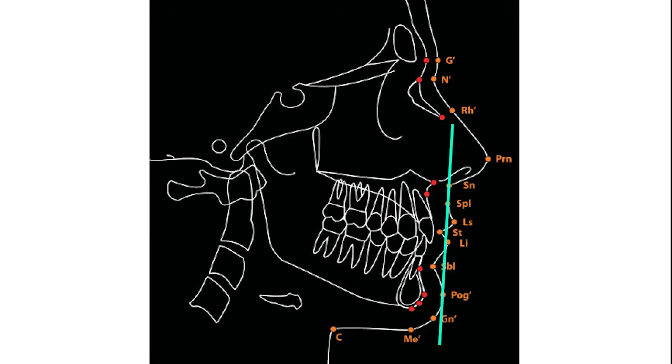SN soft tissue Pogonion line. Burstone line. It is described by the orthodontist Charles Burstone. The subnasale to soft tissue Pogonion line may be used to evaluate lip prominence. The advantage of this line is that it eliminates the nasal prominence from the analysis.